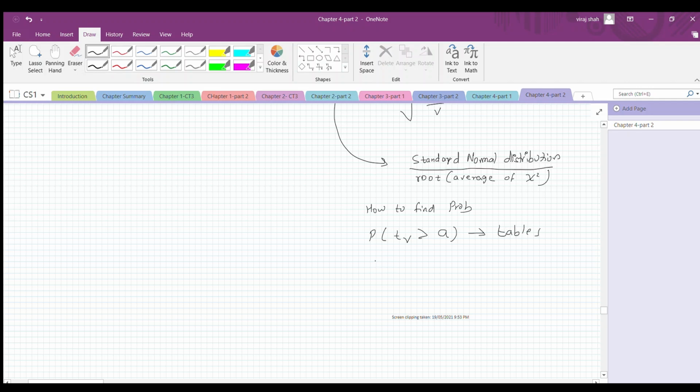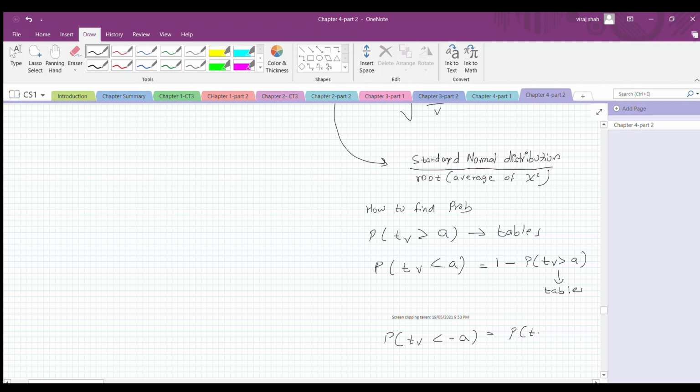If I am asked the probability that my T distribution is less than some value, then what do I do? I do 1 minus and get it in our form, that is the greater than form, and for this we use tables, right? Similarly, if I am asked about negative of something, the sign basically interchanges.